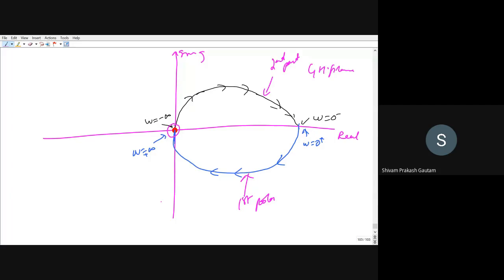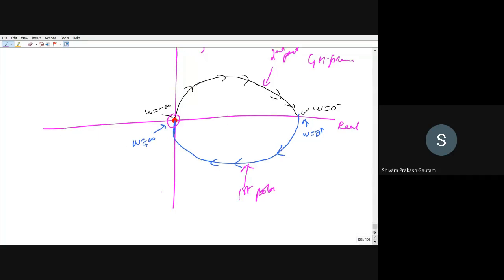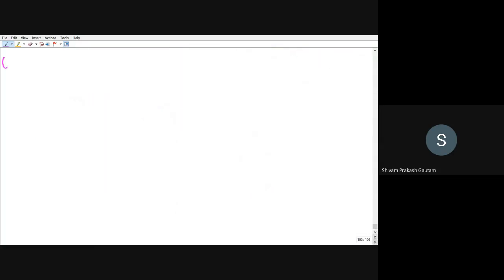Now we will see the second example. Example 2, again the open loop transfer function, that is G(S) H(S), is given as K upon (S plus 1) into (S plus 2).